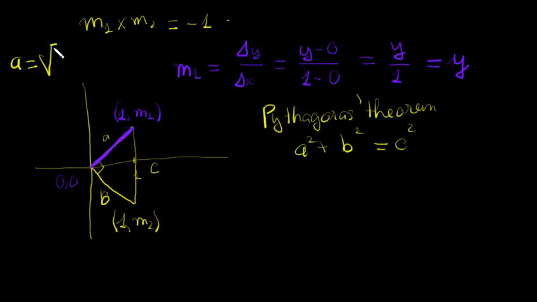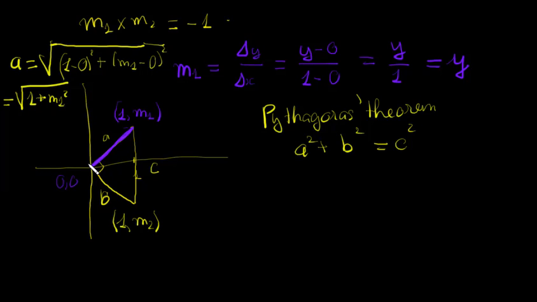We know how to find the distance between two points, so a equals the square root of (1 minus 0) squared plus (m1 minus 0) squared, which equals the square root of 1 plus m1 squared. And b can be calculated in the same way, so b equals the square root of 1 plus m2 squared. And c equals m1 minus m2, because the coordinate of this point is m1, and the coordinate of this point is m2.